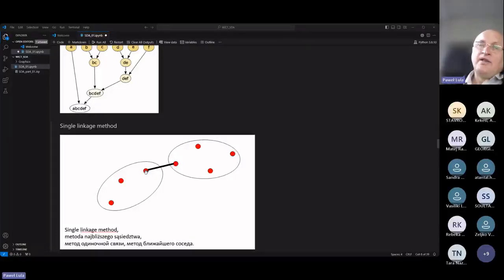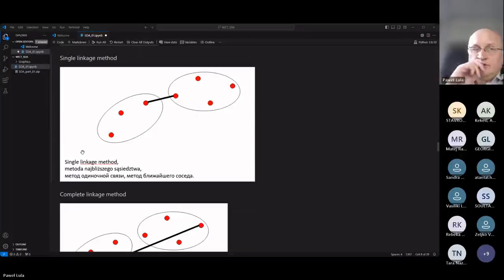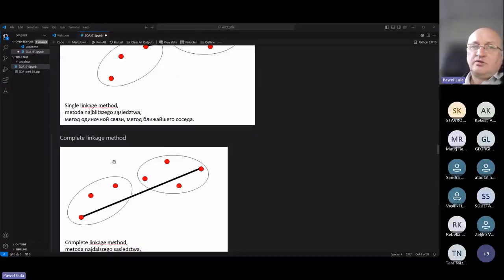So it is the shortest line connecting objects belonging to these two clusters. And this method is used in single linkage method. The opposite approach is used in complete linkage method.